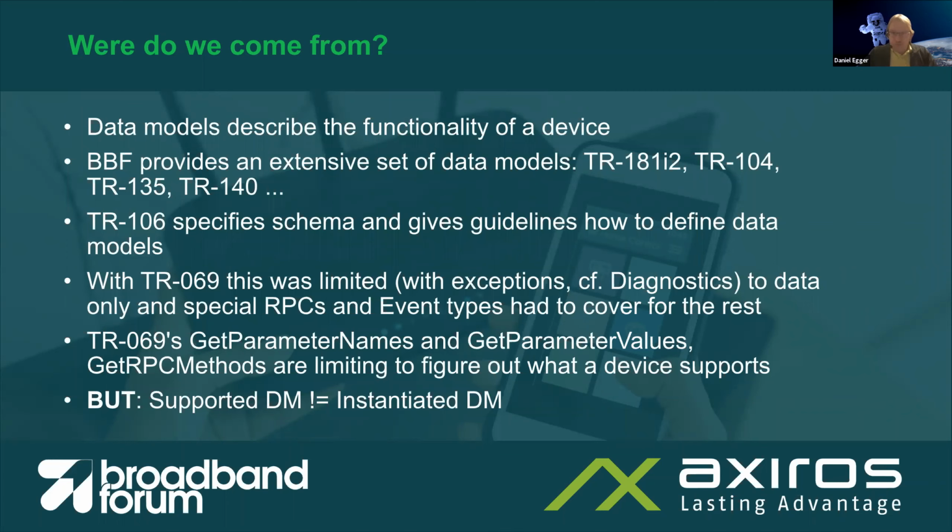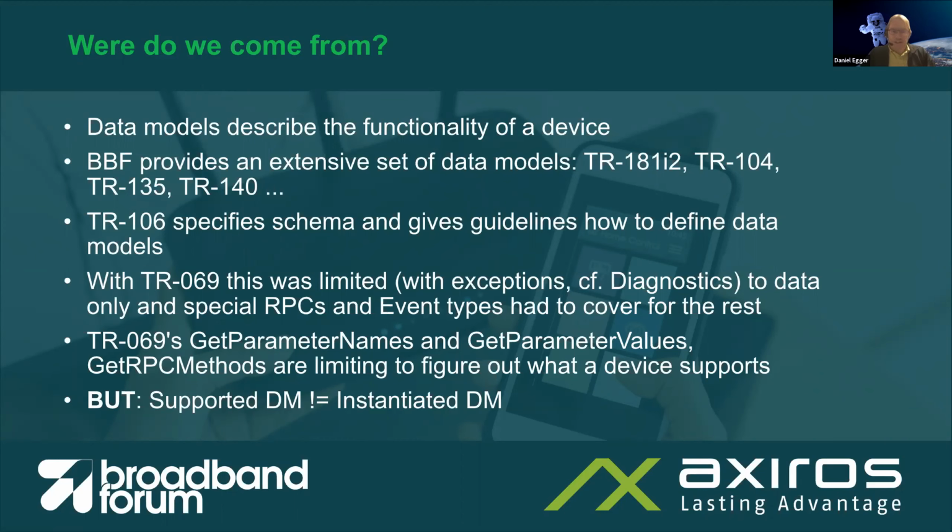Then of course there's GetParameterValues, which allows you to retrieve the values. And for RPCs, we have GetRPCMethods, but it's basically just a string saying you have a method like Download or Upload, but there's no way of figuring out how they actually work. Those are more or less the only things that you can use in order to figure out what the device supports.